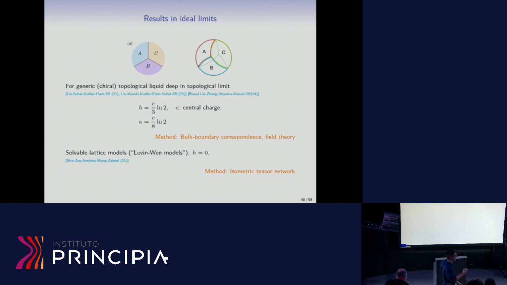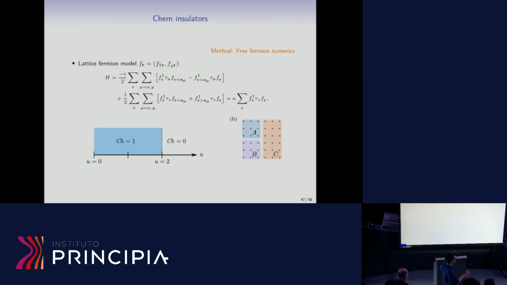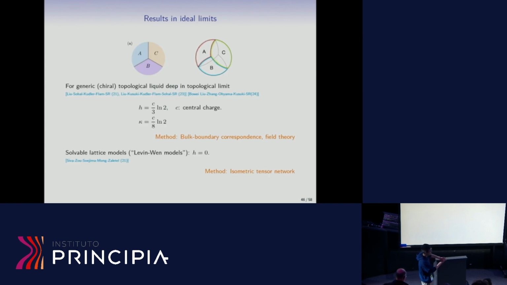One reason to do the numerics is to test this formula, but another motivation is that with numerics, we can look at the critical point. So we are going to discuss that a little bit. Okay, so this is the result.